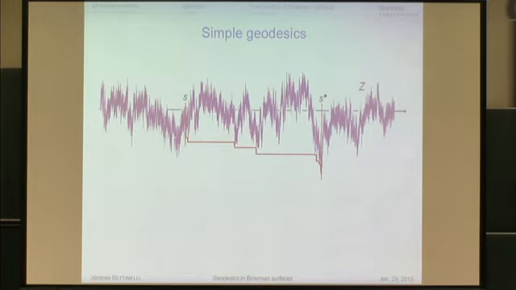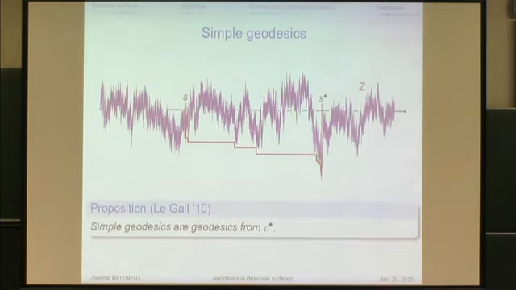So you actually follow this path. It's actually not very hard to see that a path constructed like that in the Brownian surface is a geodesic. And this is something, of course, Jean-François Le Gall already did in his paper for the Brownian map. The simple geodesics are geodesics.